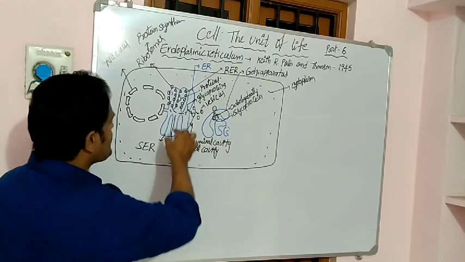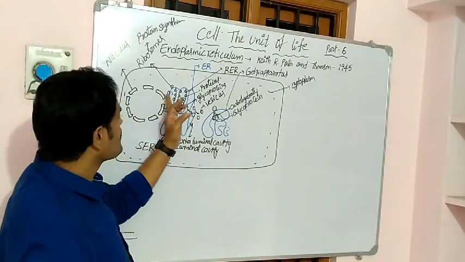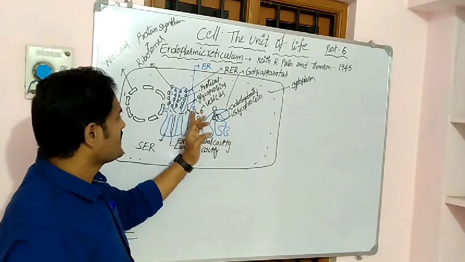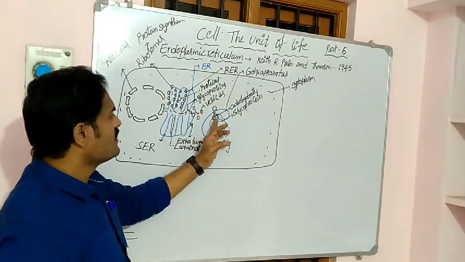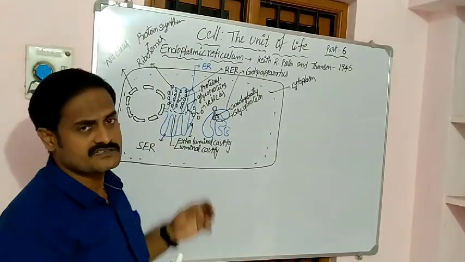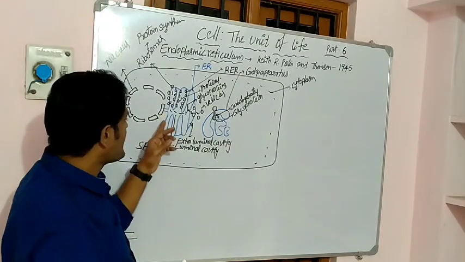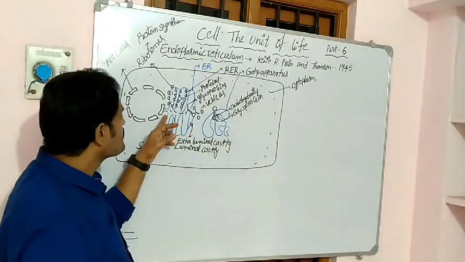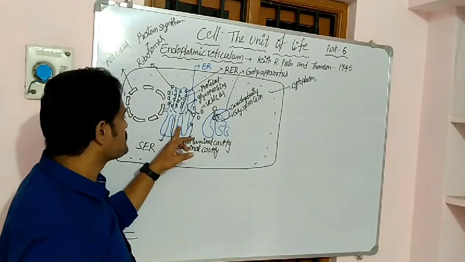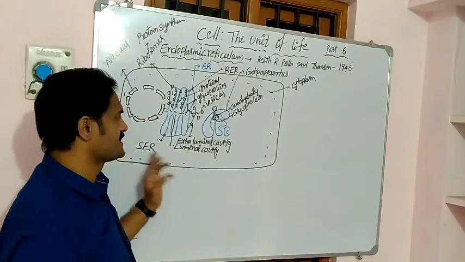Then coming to the next portion of the endoplasmic reticulum. All this occurs in the RER, rough endoplasmic reticulum. Finally, some modified proteins are formed. Then coming to the smooth endoplasmic reticulum. See, there are no ribosomes, so it has a smooth surface. This part is called smooth endoplasmic reticulum.